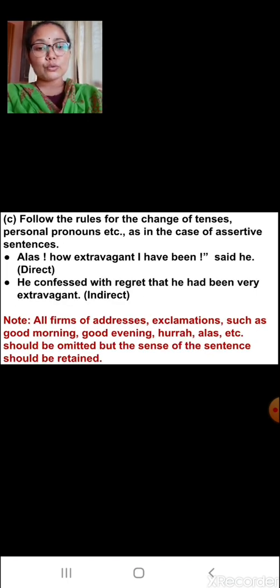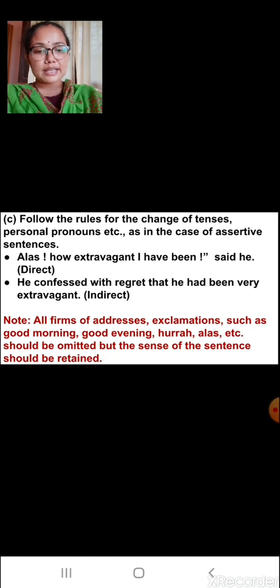Follow the rule for the change of tenses, personal pronouns, etc. as in the case of assertive sentences. Example, "Alas, how extravagant I have been," said he.